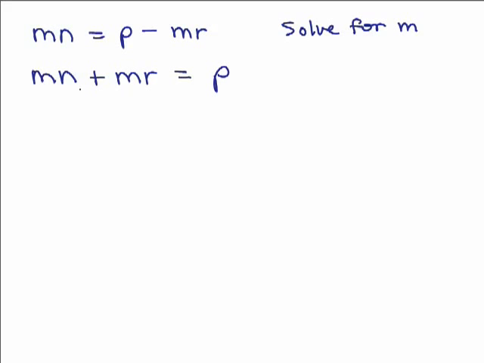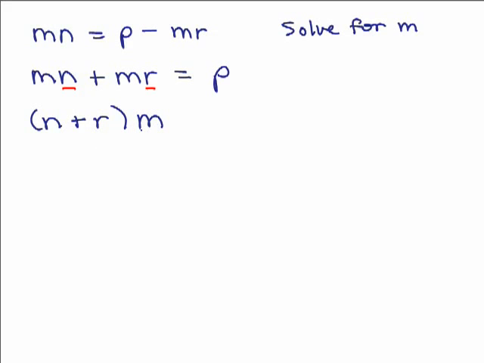Okay, now how am I going to combine these like terms? I can think of this as the coefficients of each m. I've got an n for the coefficient of the first term and r is the coefficient of the second term. So if I want to just add the coefficients, I could write n plus r. That's how many m's I have.